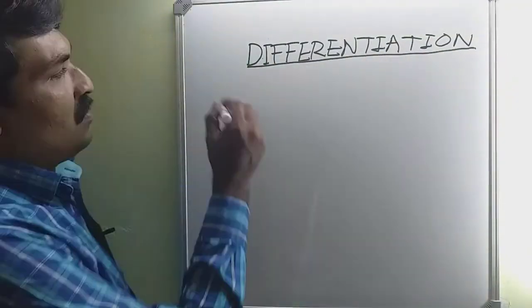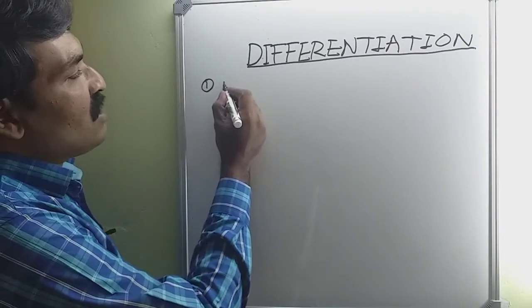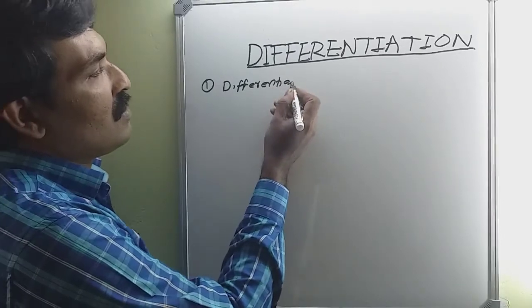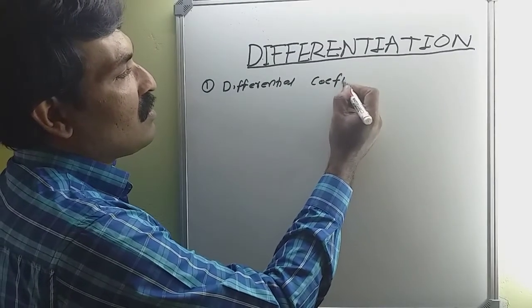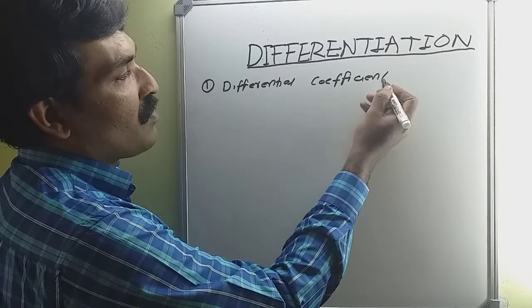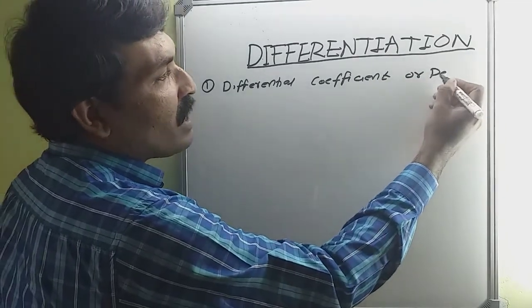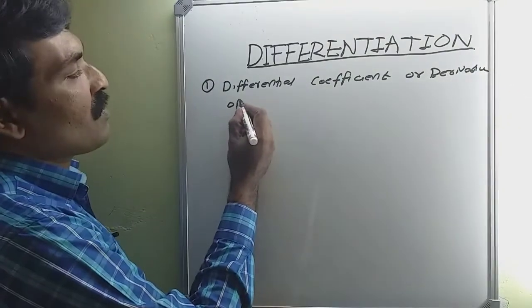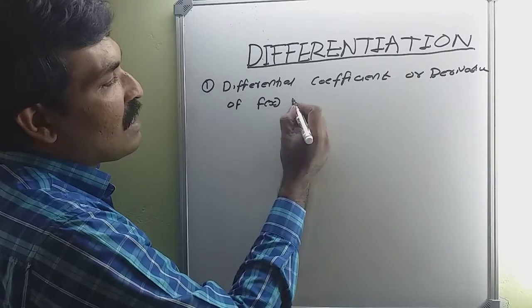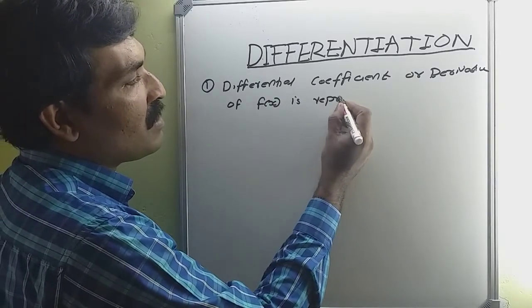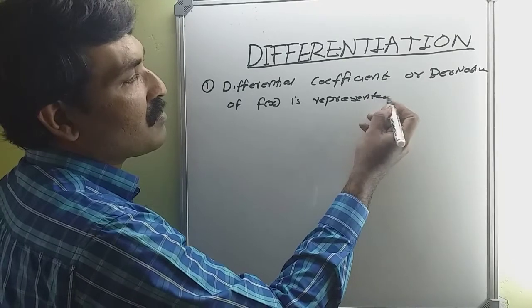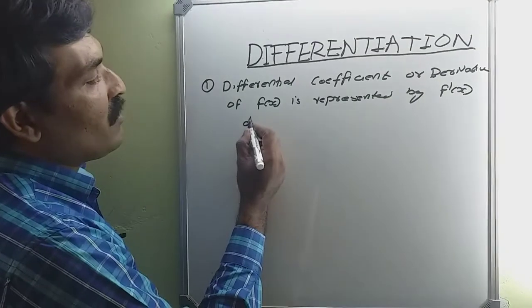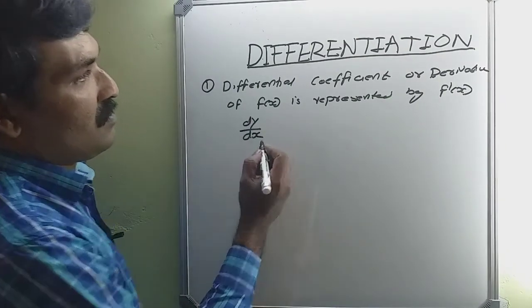Differentiation. Differential coefficient or derivative of f of x is represented by f dash x or dy by dx.